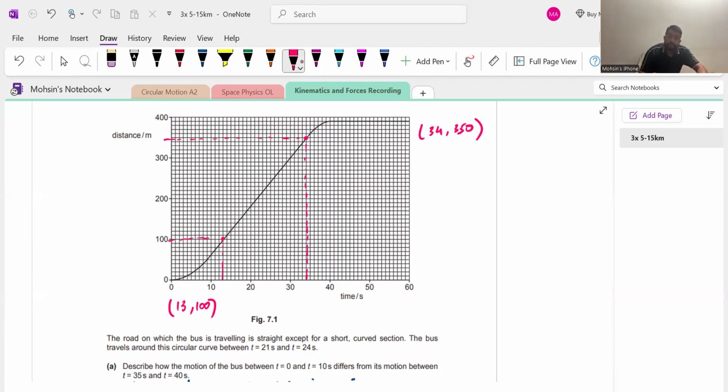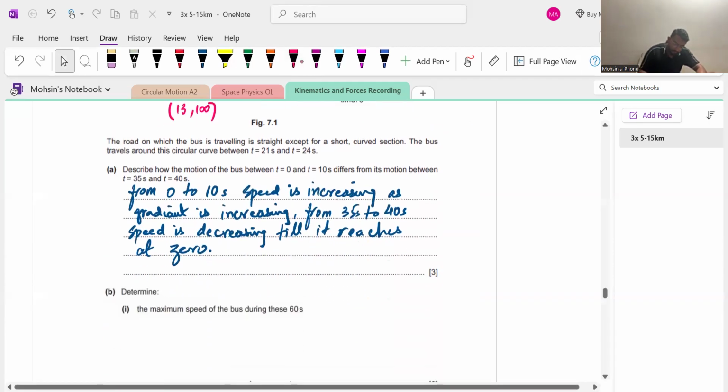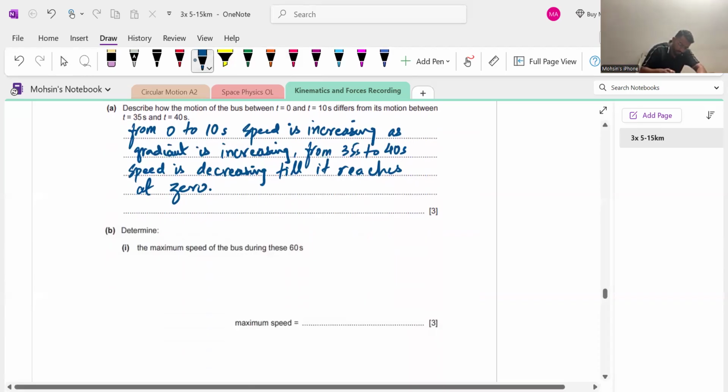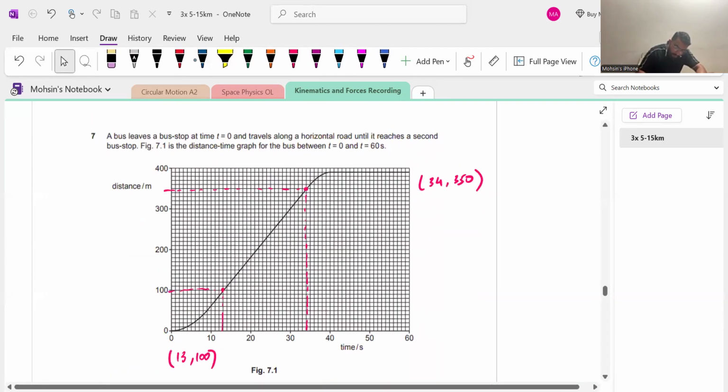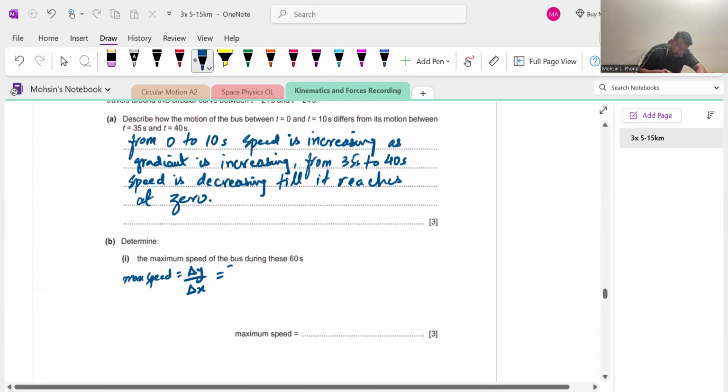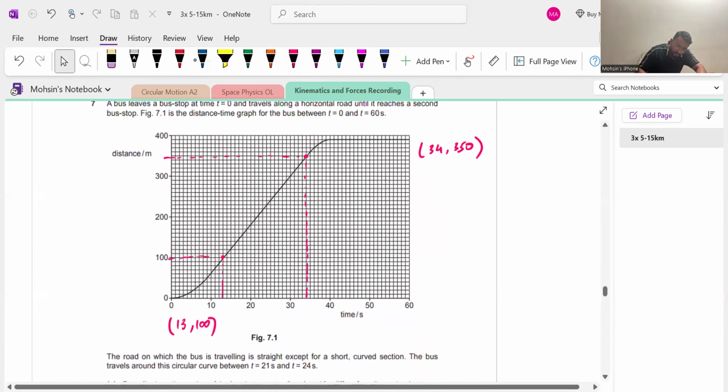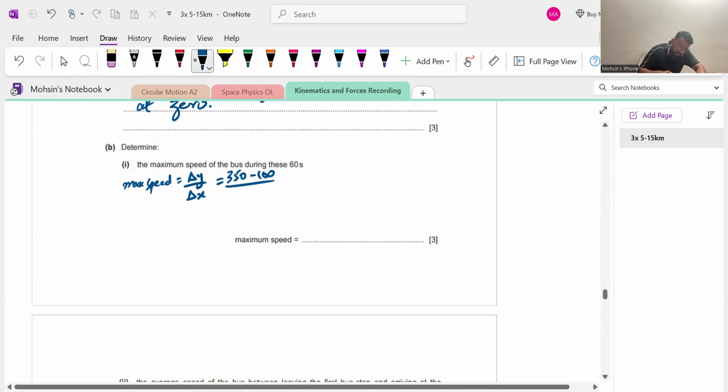So the gradient is y2 minus y1 over x2 minus x1. The max speed is the gradient of graph, or it is 350 minus 100 over 34 minus 13.